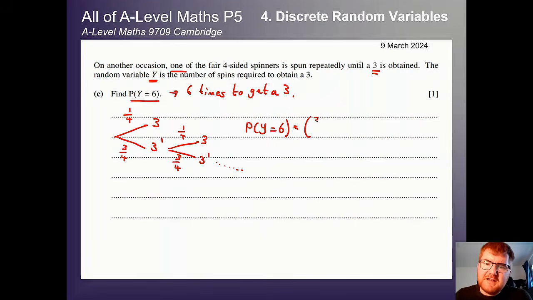So we can write this in a nice neat format: 3/4 to the power of 5, because 5 times we don't get that 3, but then the 6th time we do, so that's where our quarter comes in. Again, we could put it to the power of 1 if that makes more sense. So we pop this into the calculator: 3/4 to the power of 5, and then times a quarter.